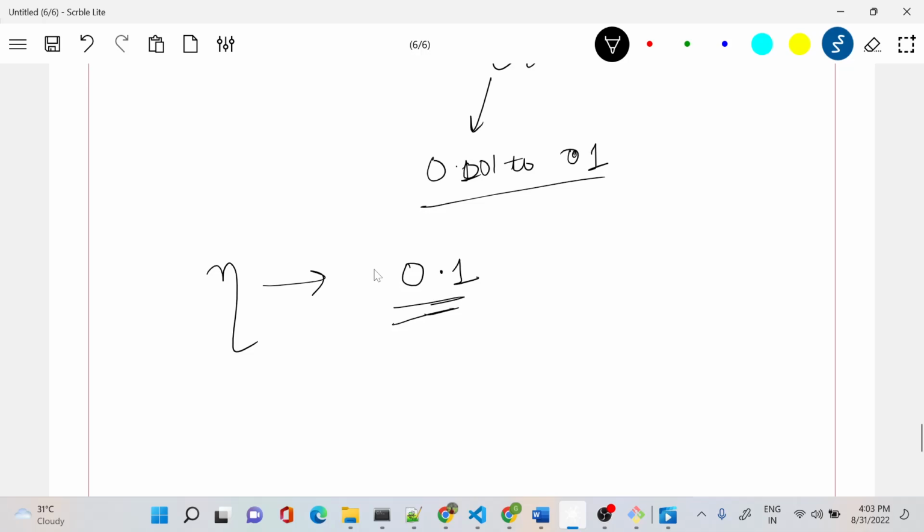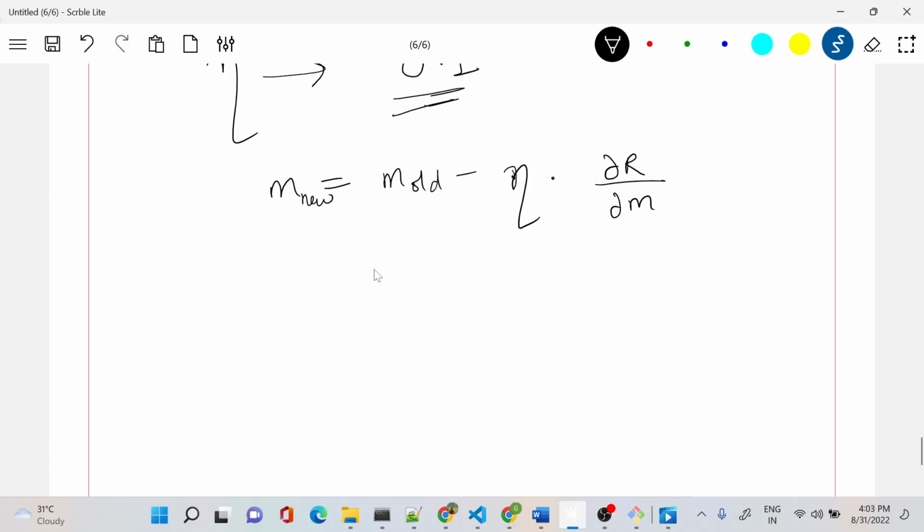So if we write our equation again, this is M new, this is our M old minus learning rate multiplied by the partial derivative of R, that is our loss term, with respect to M. How are we going to get our M new value?